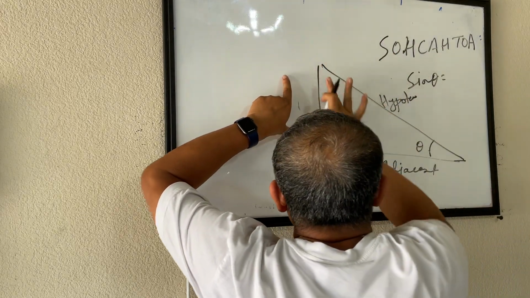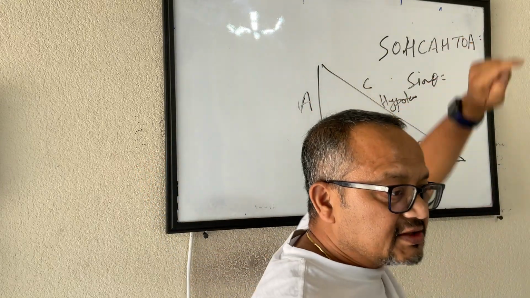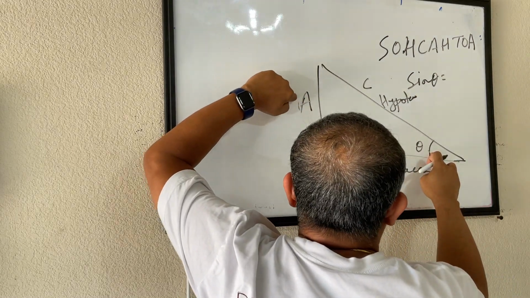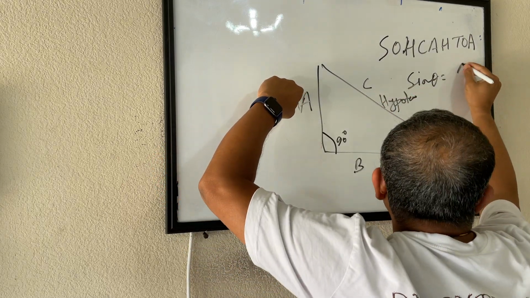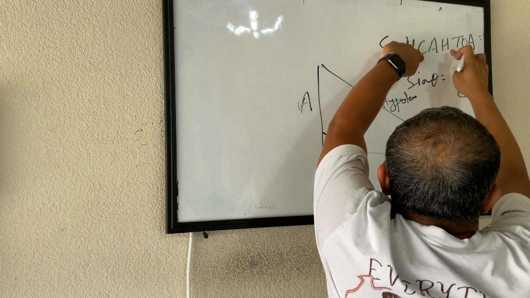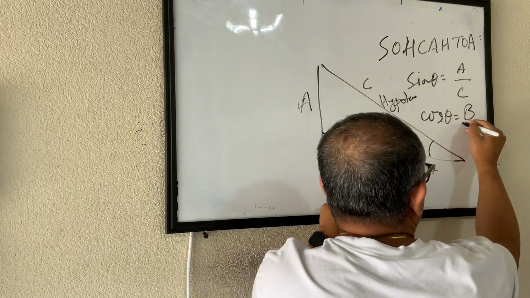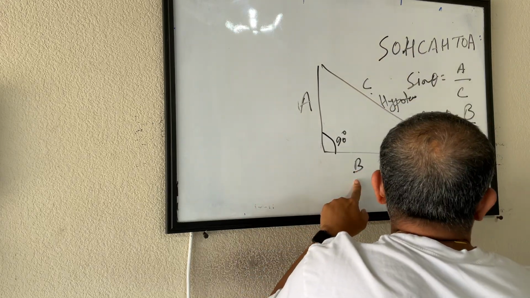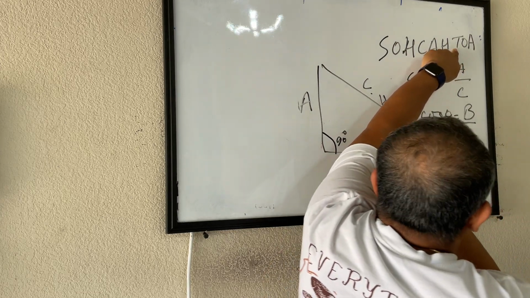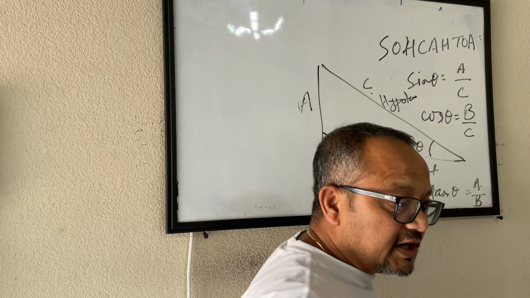If I call these sides A, B and C, like we saw yesterday in the Pythagorean theorem, sine of theta is the opposite side divided by hypotenuse, so it will be A divided by C. Cos of theta is the adjacent side divided by hypotenuse, so this one is B by hypotenuse, that is C. And tan theta, or tangent of theta, is the opposite side divided by the adjacent side, so it will be A by B. This part you guys all will be knowing, correct?